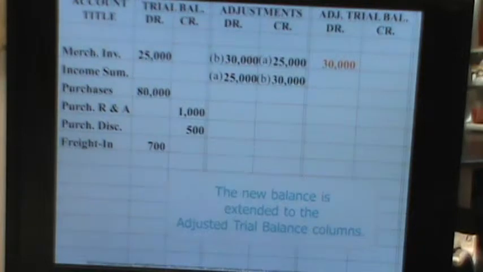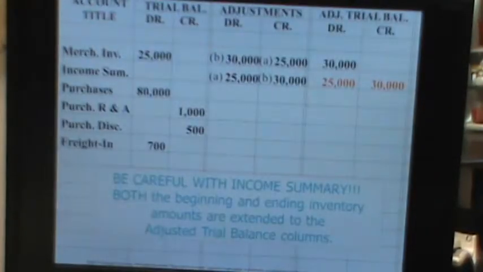So now in our adjusted trial balance, those two $25,000 debits and credits cancel each other out, and we are left with a $30,000 debit. For income summary, there's a specific rule, and we don't cancel them out.